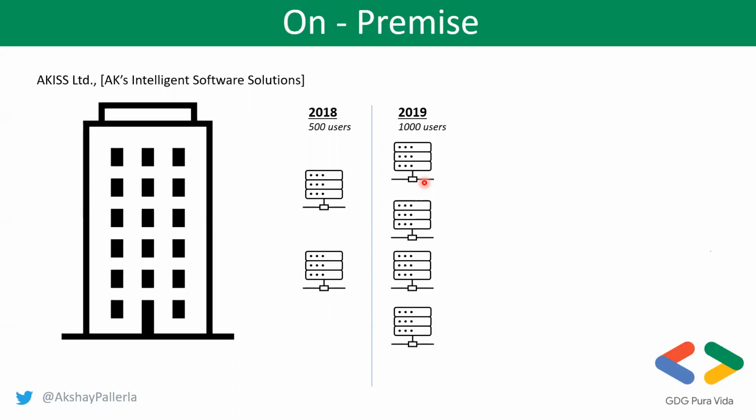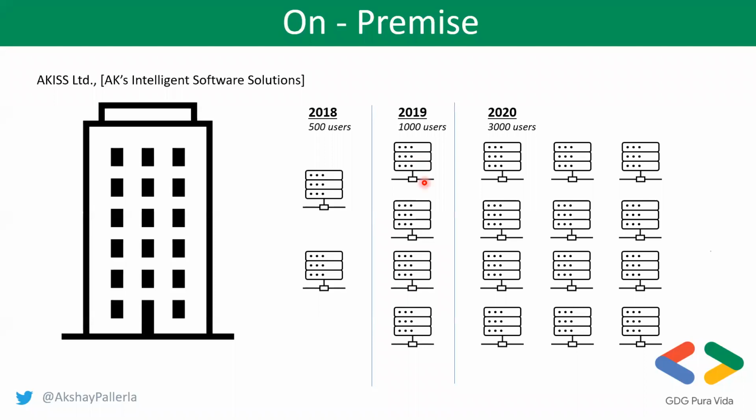Things didn't go well again, coming to 2020. So there was a positive vibe about the company. Everything was going good. So I thought my user base will increase to 3,000 users in 2020. So I have called for quotes.